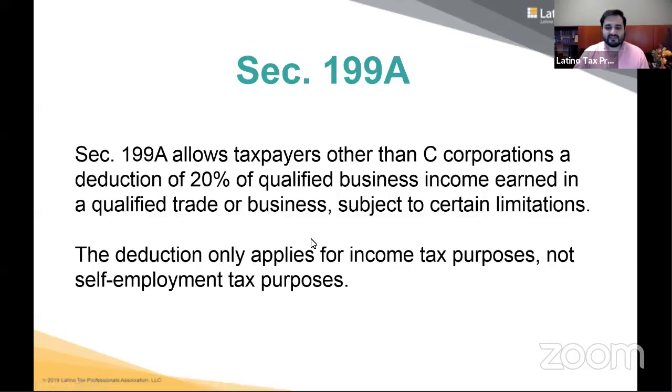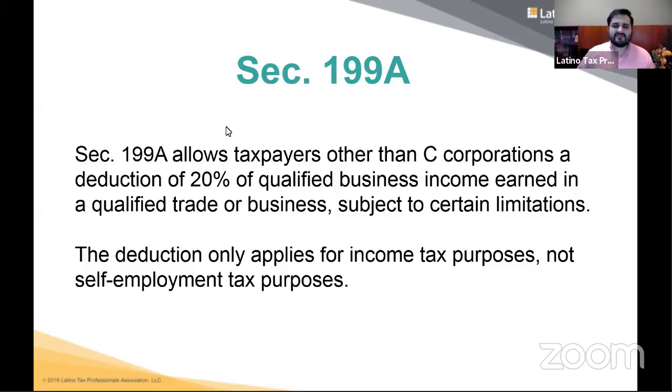So first, what is Section 199A? Section 199A allows taxpayers other than C corporations a deduction of 20% of qualified business income. So first you need to calculate qualified business income, and then you're able to take up to 20% of that as a deduction.